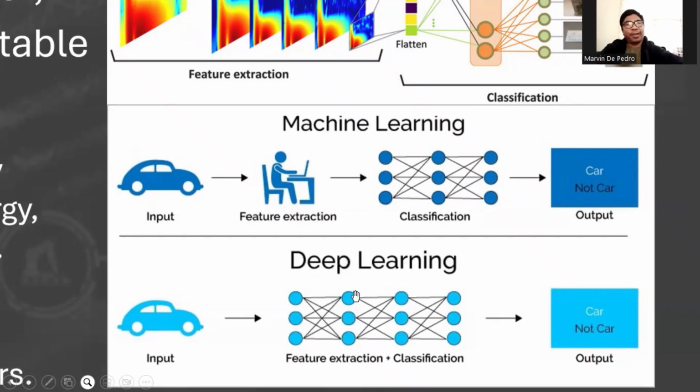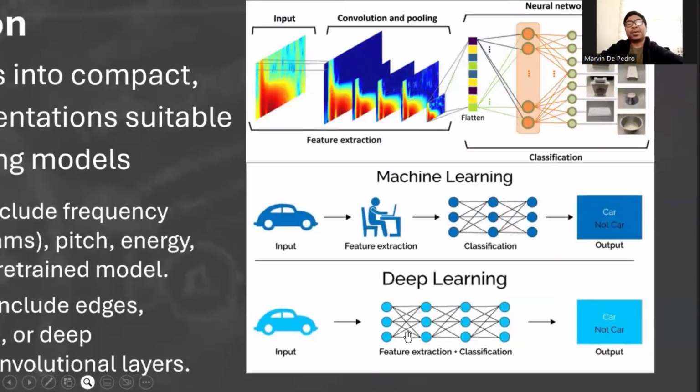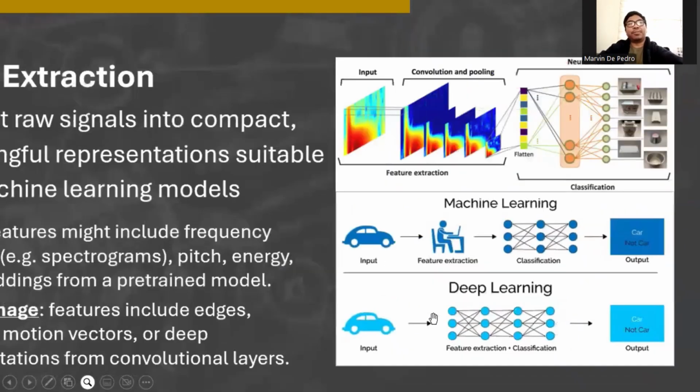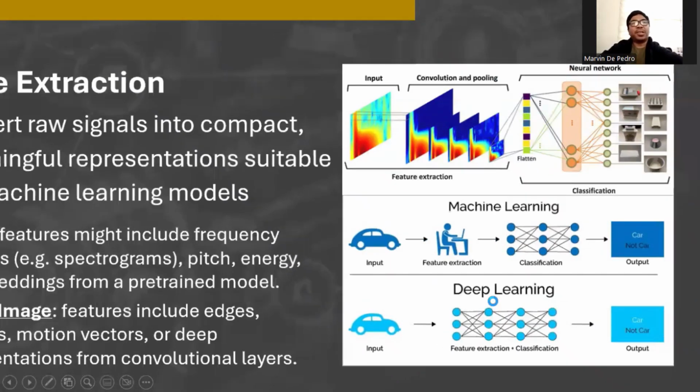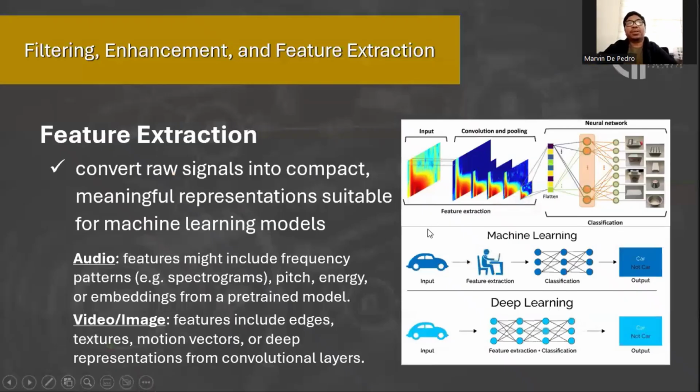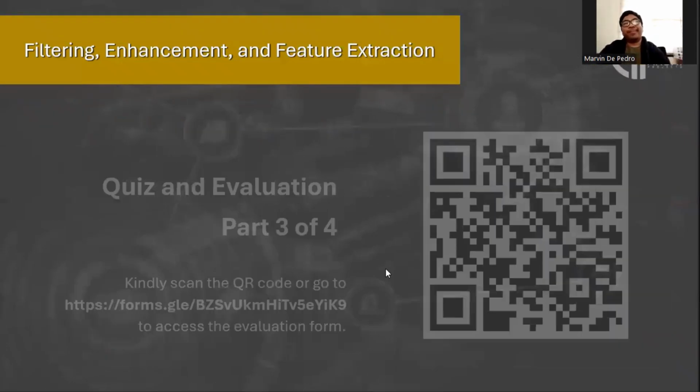Of course, meaning your neural network becomes more complicated. The output could be the same, but in more advanced applications, deep learning will be much better, but more complicated. So that's all I can give you for now regarding the AI application of audio and video processing. I guess we have more in our last part.